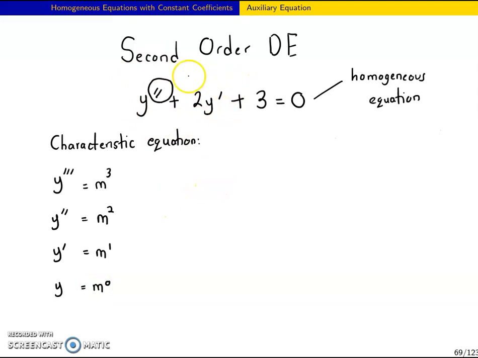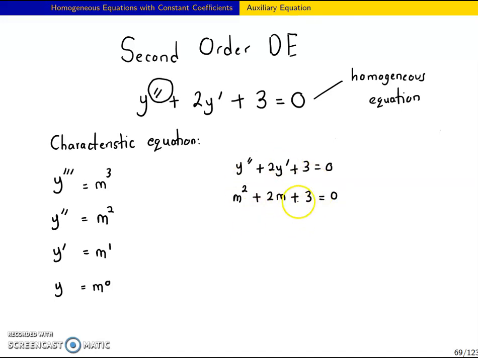In this equation, y double prime plus 2y prime plus 3y equals 0, I can write m squared plus 2m plus 3 equals 0.